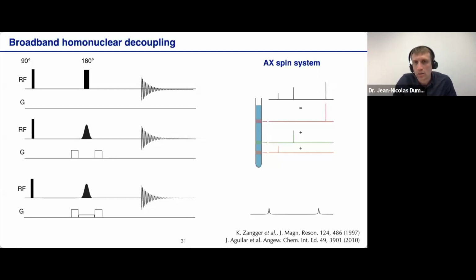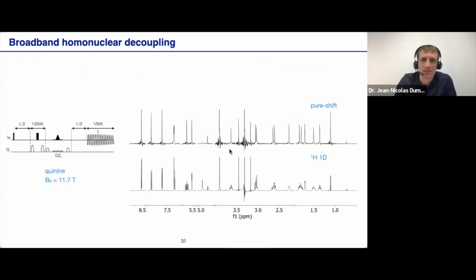And now, how will that work on a sample that is flowing? Again, one can reasonably worry that it will fail, because we're doing something that is position dependent on a sample where spins are moving. So it's possible that things will go wrong, and we can have a look. This is a sample of quinine on a 500 megahertz system.